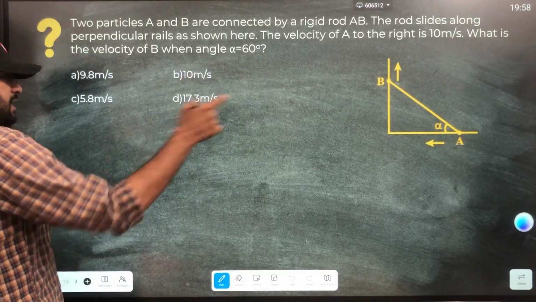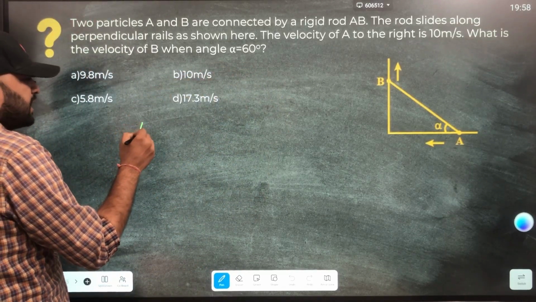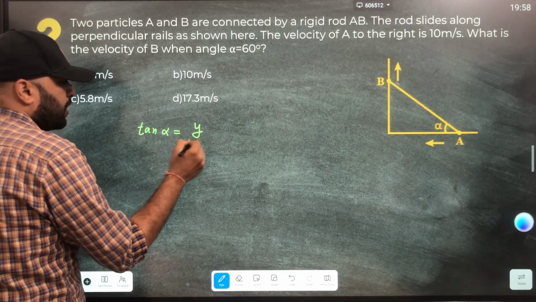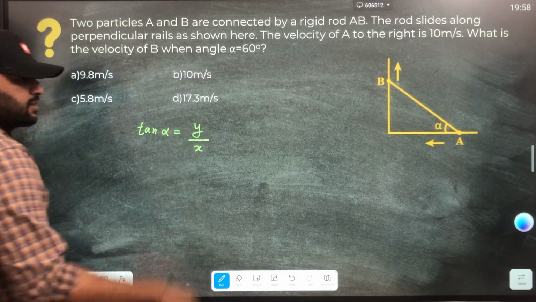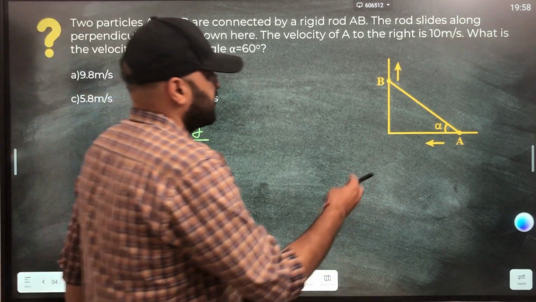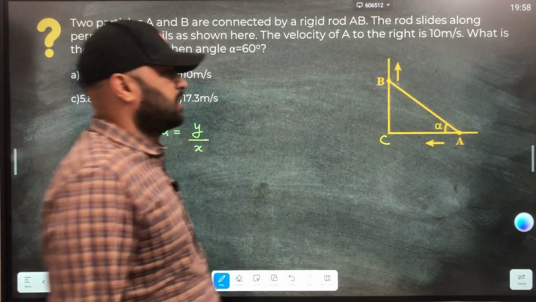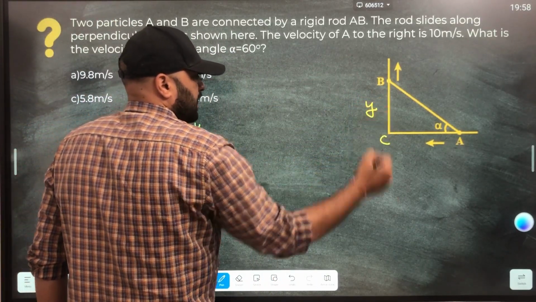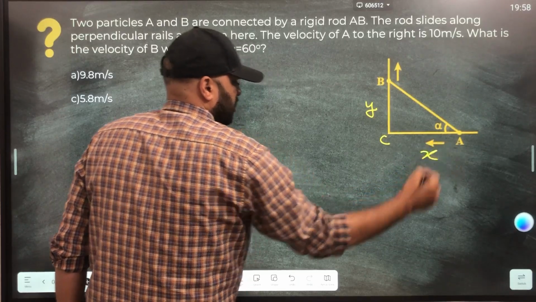Now, if you take this right angle triangle, what is our tan of alpha? Perpendicular upon base, y by x, correct? Let me call this point C. So y here is the perpendicular direction and x here is the horizontal direction.